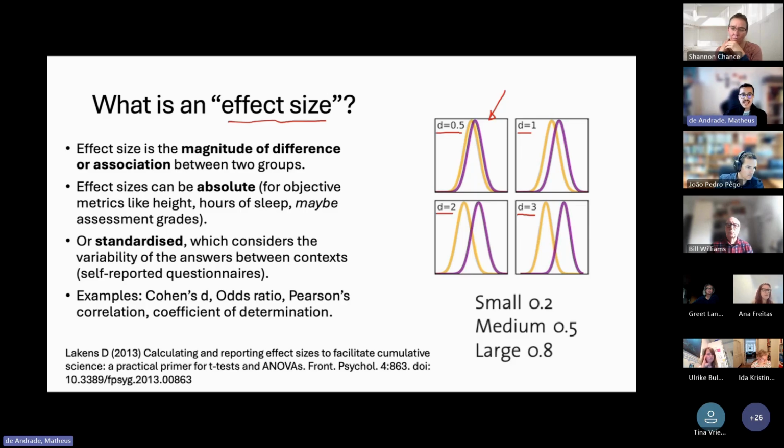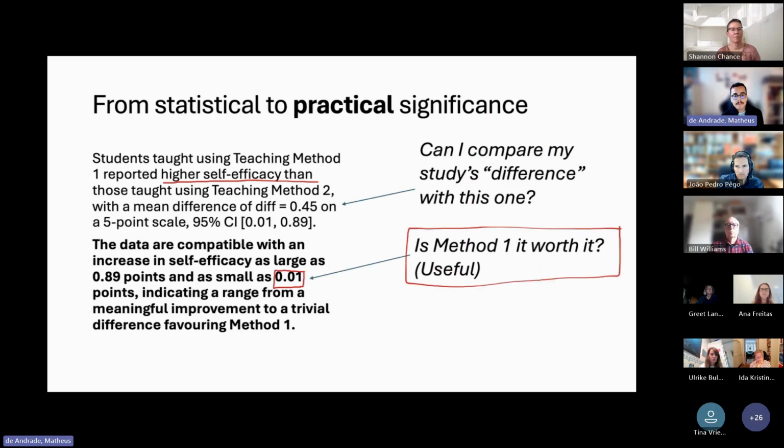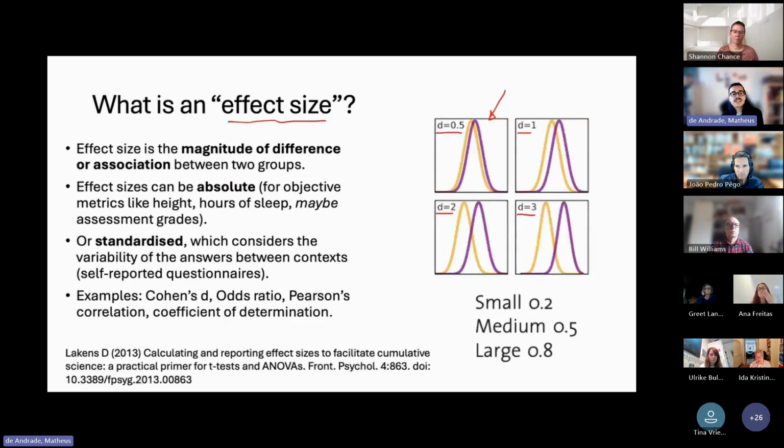So the effect size is one of these measures that help you understand how large is large enough and how small is small enough, which I think refers exactly to Tina's question. Before we were talking about the mean, but now we're talking about effect size, which can be something absolute.